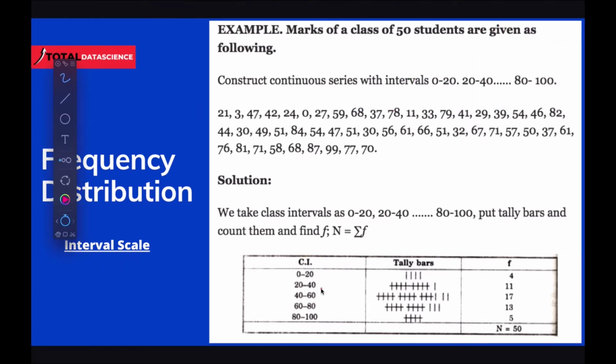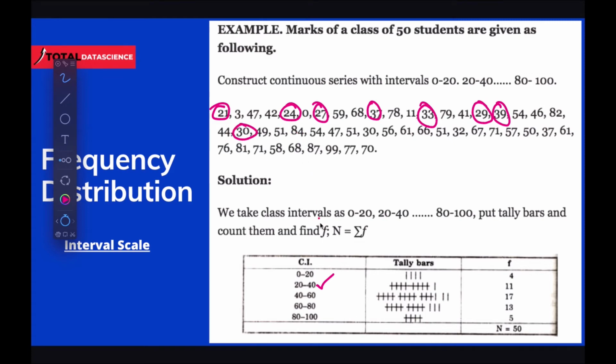Let's take, for instance, the data points that fall between 20 and 40. We can count them over here: 1, 2, 3, 4, 5, 6, 7, 8.